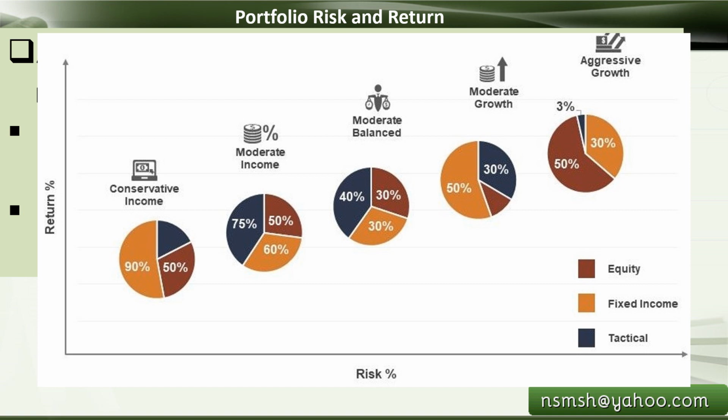For example, where fixed income has more concentration and others less, that means it is conservative income: stable and conservative, but lesser revenue and lesser risk also. Like that we grow, to moderate income, moderate balance, and so on.